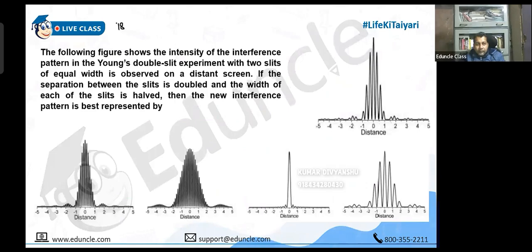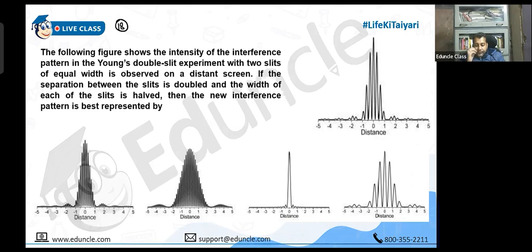Let us see how much you have understood now. Two slits of equal width. If the separation is doubled and the width is halved, then the new pattern will look like. Very good, Rita. Yes, Durga.